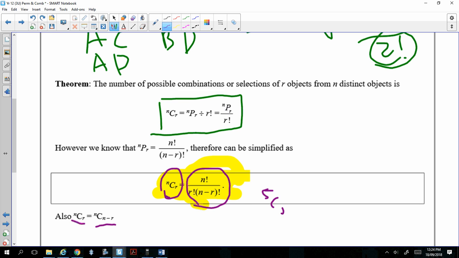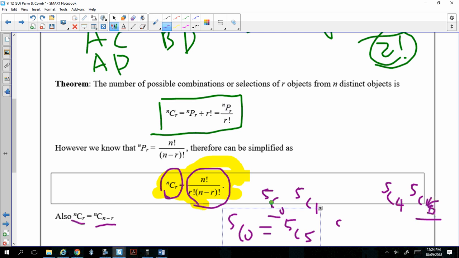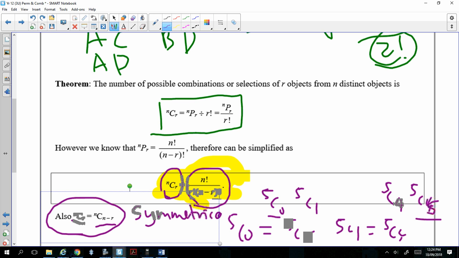These are equal. 5C0 is the same as 5C5. 5C1 is equal to 5C4, right? This is the symmetrical property. And the question is, why is it symmetrical? The reason why they are symmetrical, we'll see in the next example, which explains why they are symmetrical.